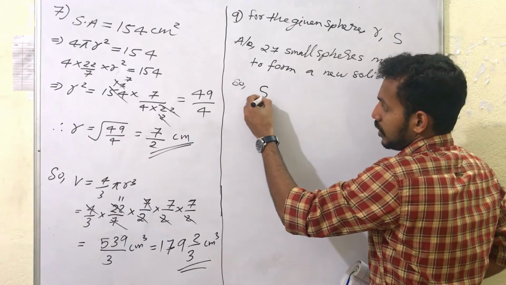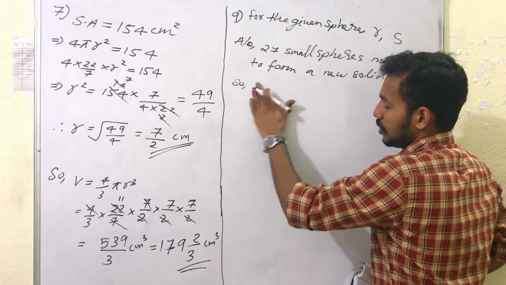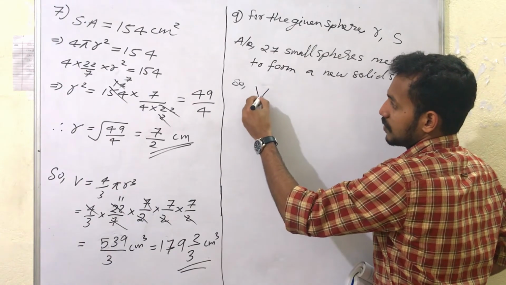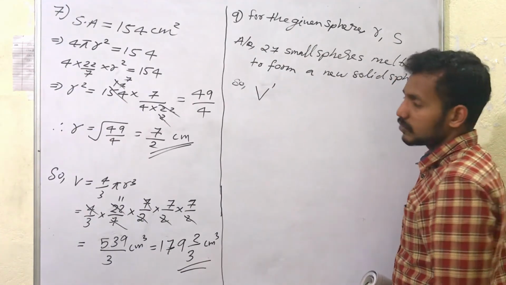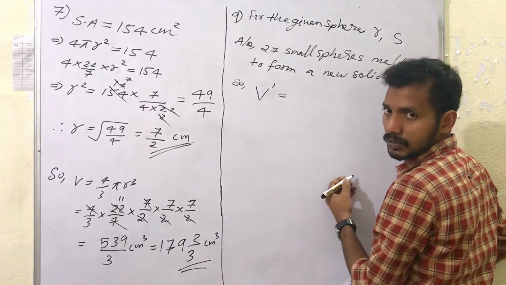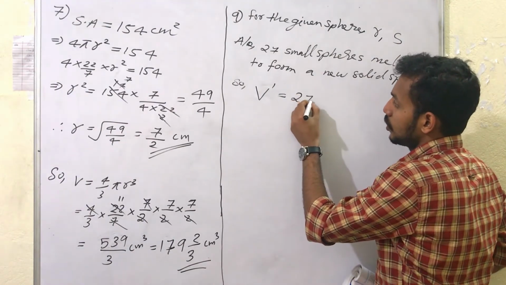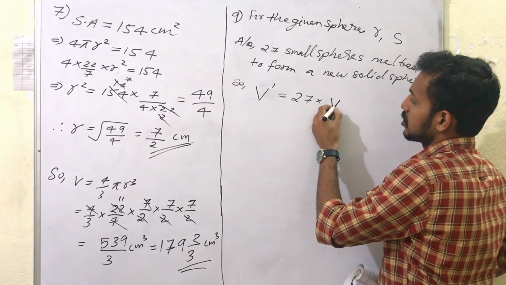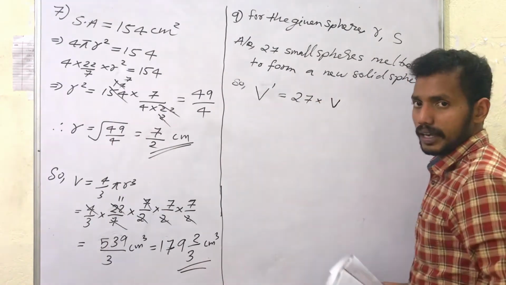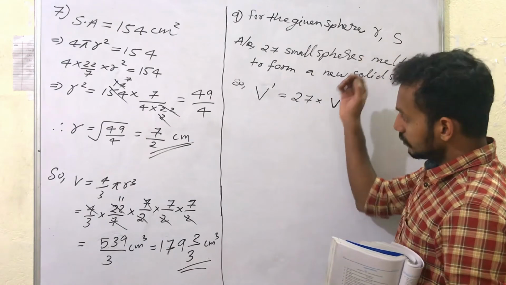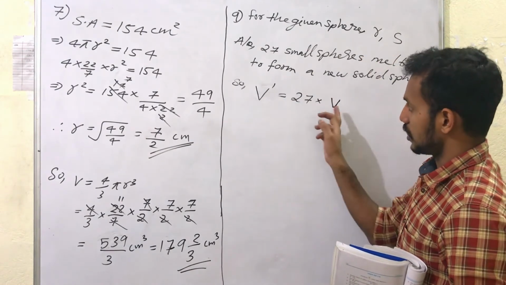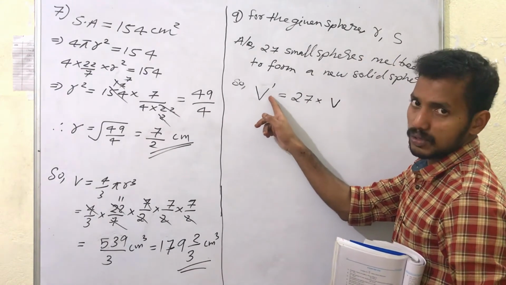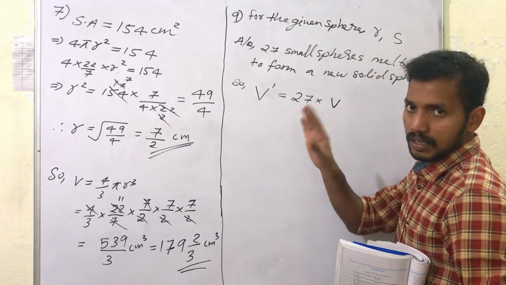So the volume of the new solid, that we can denote as V dash, should be equal to 27 into the volume of the small solid, that is V. Like surface area, we are denoting them V dash and V. V dash is the volume of the new solid and V is the volume of the small solid.